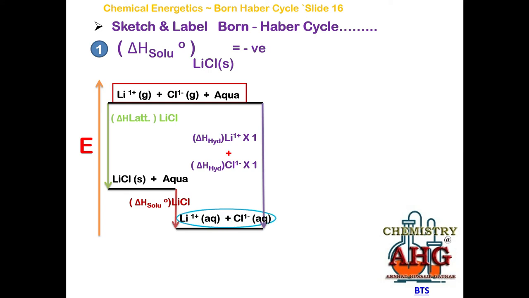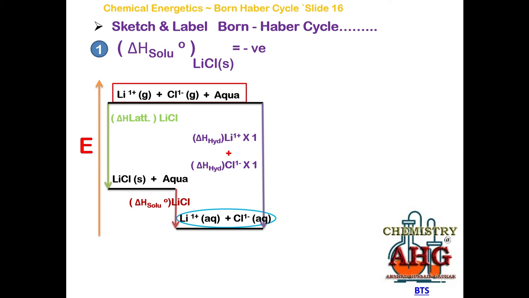Now what is the shortcut that you must remember? Once you have identified the initial and final stage, you must identify which single arrow is the resultant vector. It is equal to the sum of the other two enthalpy changes. So always remember, whenever you have constructed a Born-Haber cycle for any compound, the resultant vector will always be represented by hydration enthalpy.